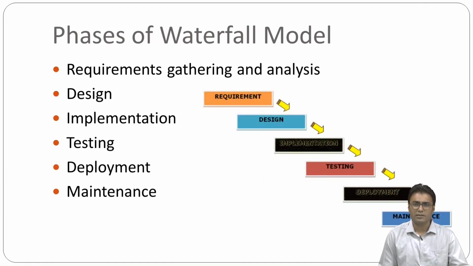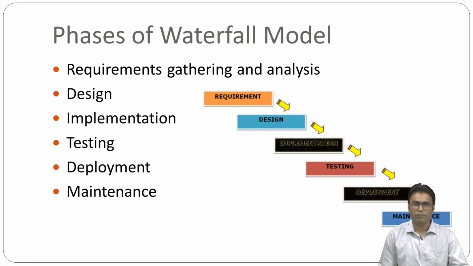Now, let's understand the various phases of the waterfall model. The phases of the waterfall model are on your screen, which include requirements gathering and analysis, design, implementation, testing, deployment and maintenance.